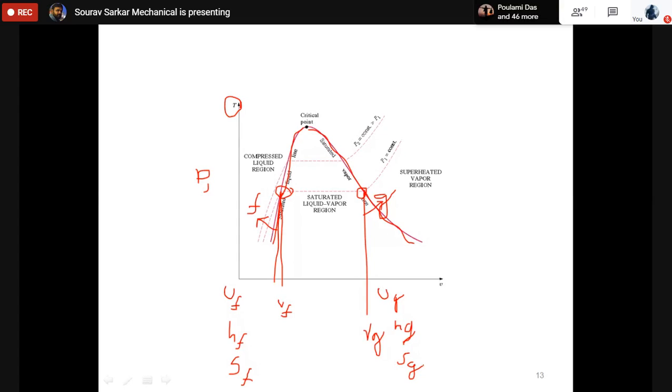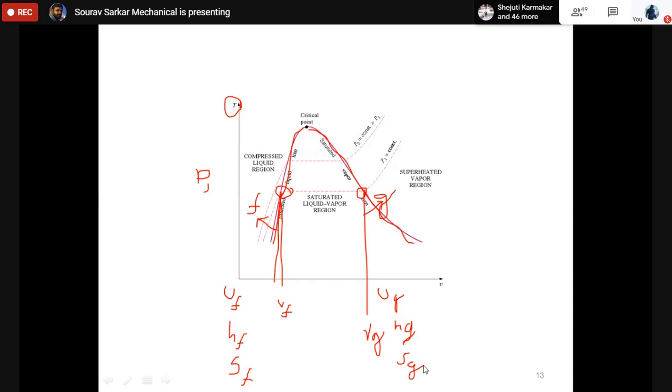So at the state G, you have specific volume, internal energy, specific enthalpy, and specific entropy of the saturated vapor. So for each temperature, you have this data. Similarly, for each pressure, you have a corresponding saturation temperature and all these values.